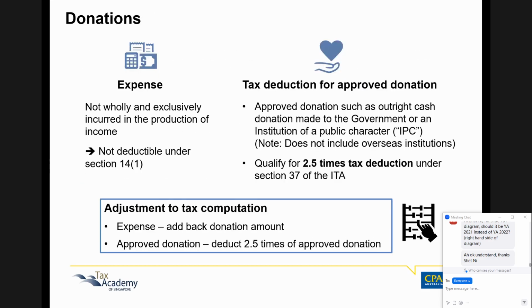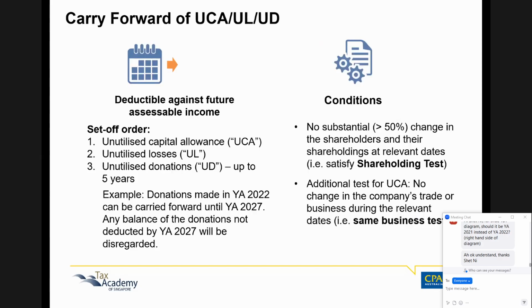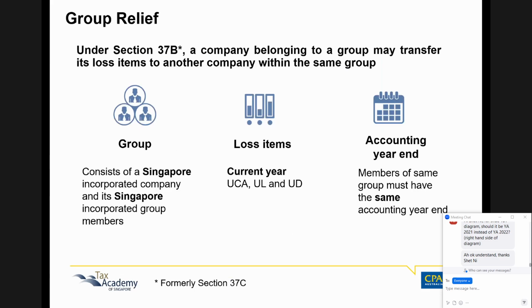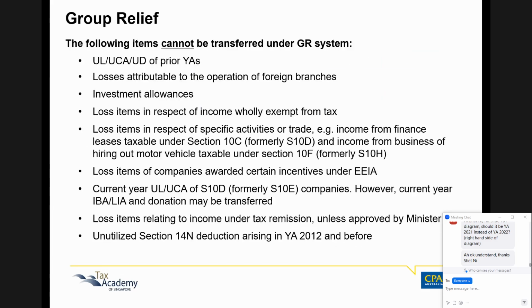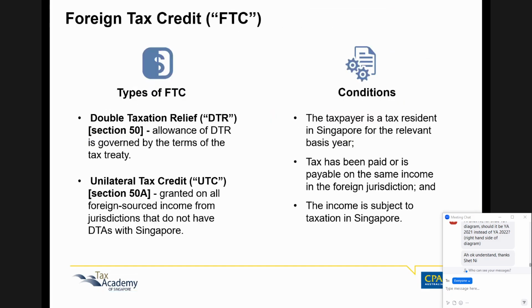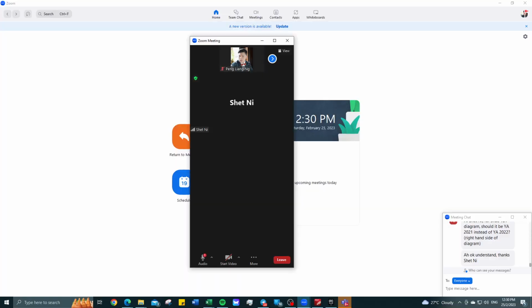All this donation you definitely need to know, must add back, then allow deduction 2.5 times, show working. The carry forward and carry back one is just for info. Group relief is for info, don't need. FTC don't need.